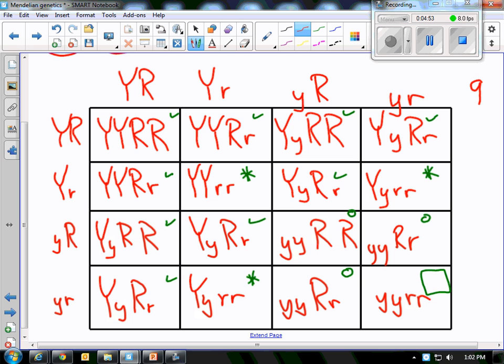I put an asterisk beside each one that was yellow wrinkled, and there were 3 of those. I put a little circle beside each one that was green and round, and there were 3 of those. And of the 16, there was only one, in the bottom right-hand corner, that was green and wrinkled.